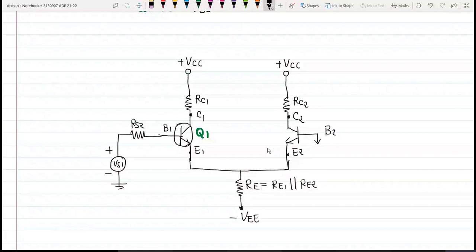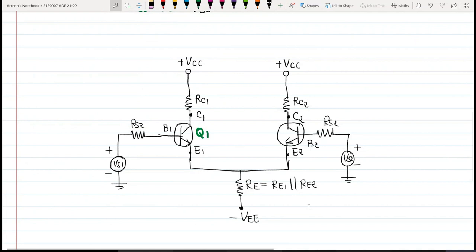Similarly, base 2 will be connected to the second input, that is Vs2, and it is grounded. So this is my base 2, and this is the internal resistance Rs2 of supply voltage 2. Now these two are my source signals. You can see Vs1 and Vs2.